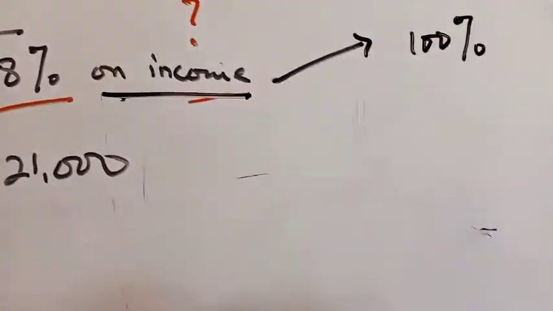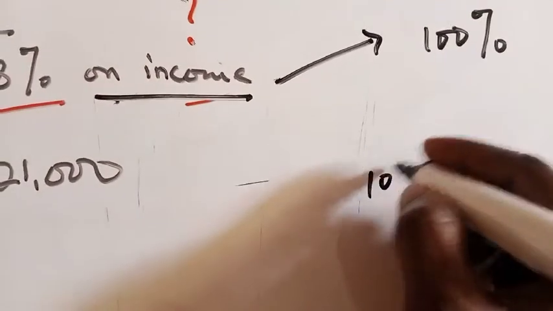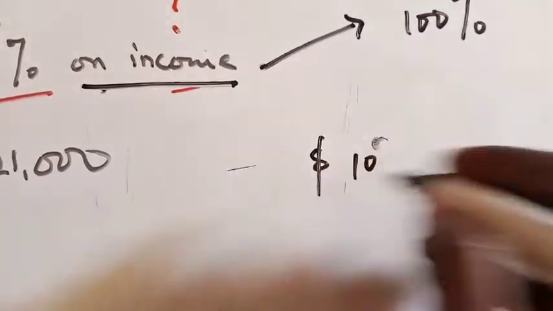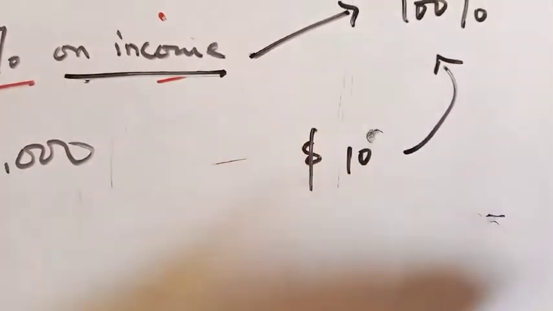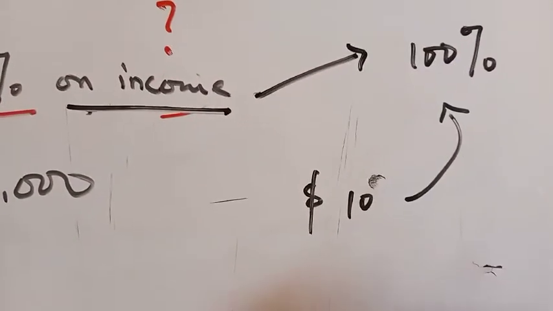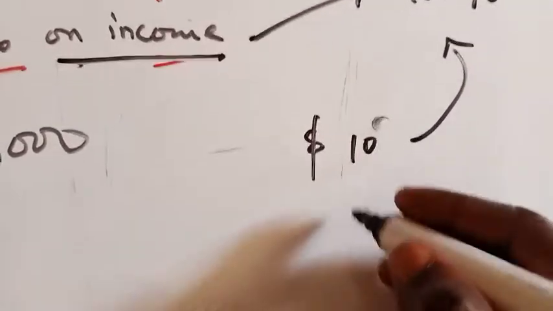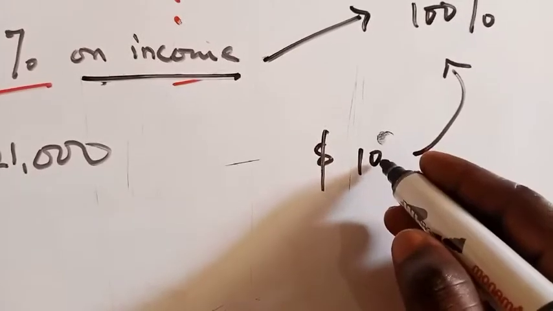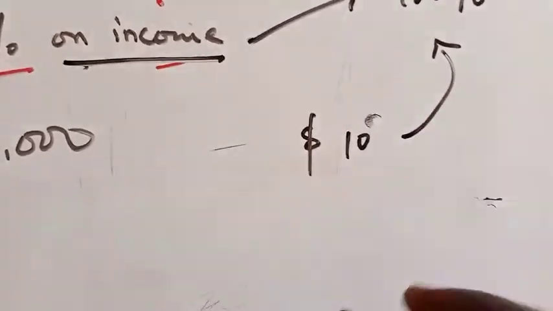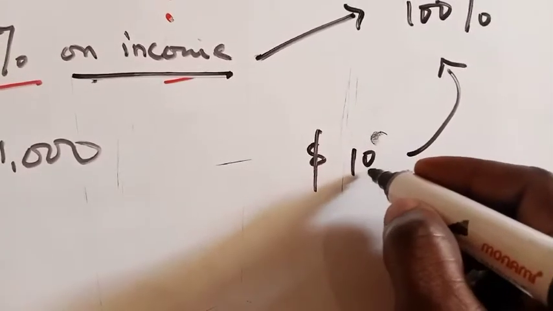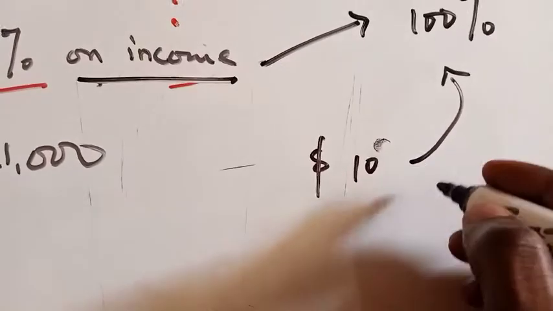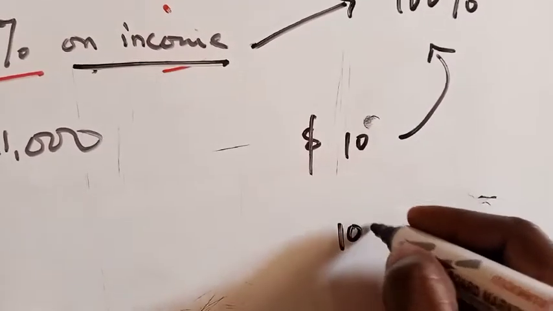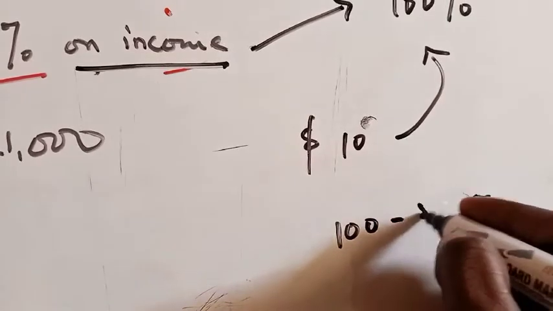So if maybe at the end of the month you are getting $10, let's say this is an amount of $10, this $10 is equivalent to 100%. Whatever you spent here, let's say you spent 5%. That 5% means that if you subtract the 5% from the $10, what is left is going to be 10 minus that 5%.